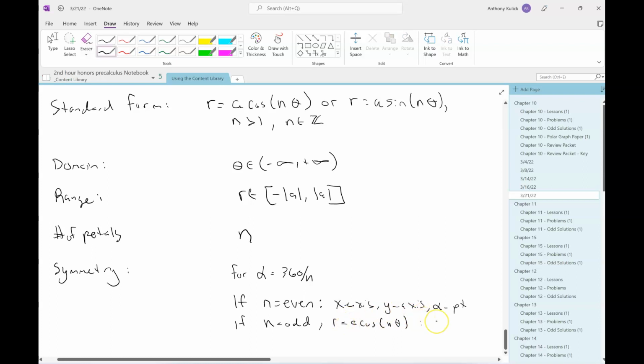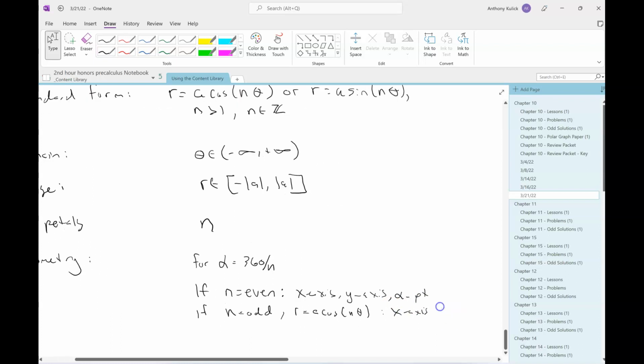So here for cosine we have x-axis and alpha point symmetry. And if it's a sine one, that was the example we just looked at. There we have y-axis as well as alpha point.